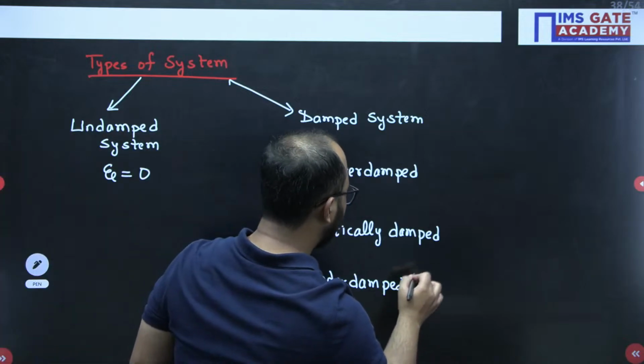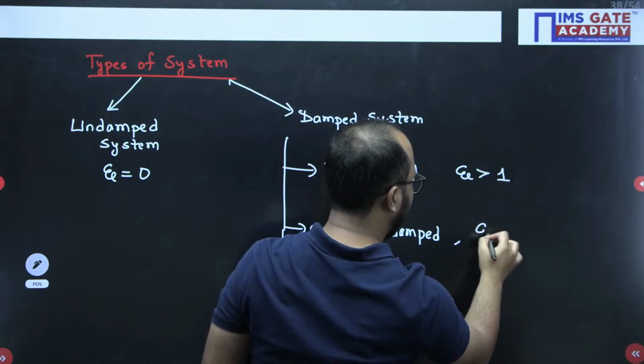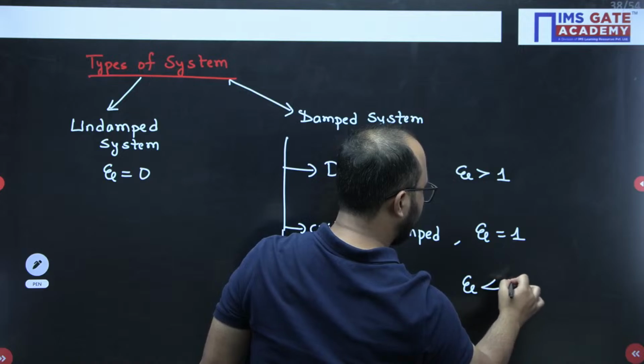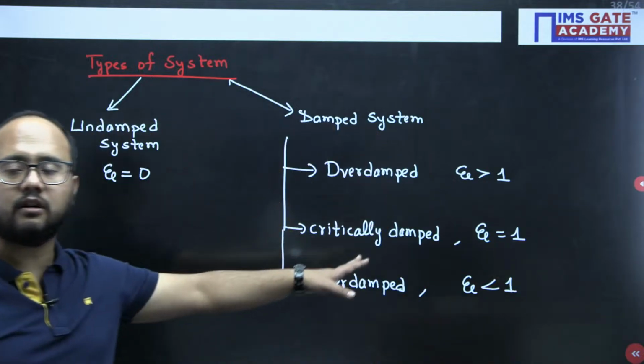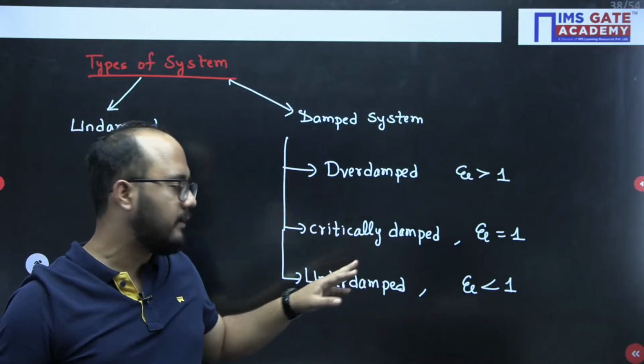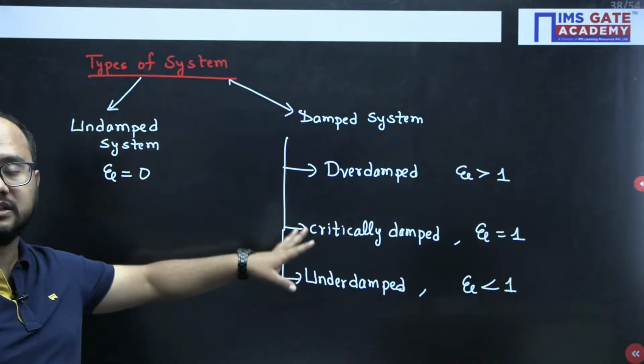Now one more thing you should remember: over damped means damping factor greater than 1, critically damped means damping factor equal to 1, and under damped means damping factor less than 1. These are the characteristics of the system. If damping is provided, it can be over damped, critically damped, or under damped. This is very important to understand what kind of system they have provided.